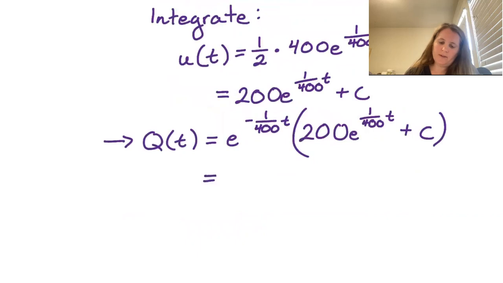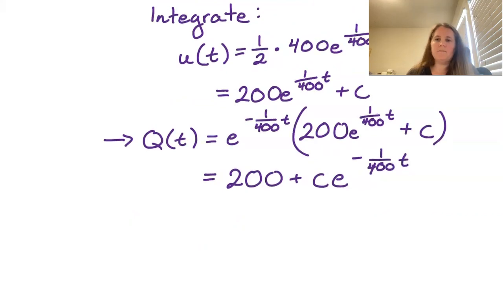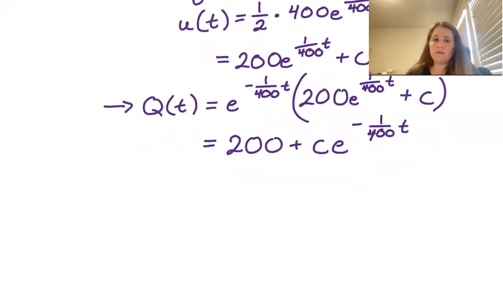And this becomes 200 plus c e to the negative 1/400 t. So this is our general solution.